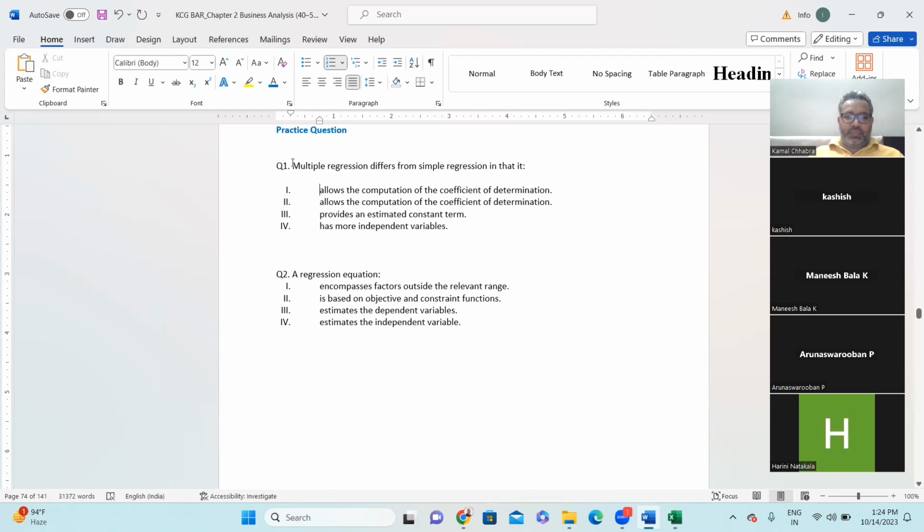What is the difference? How does multiple regression differ from simple regression? What is the key difference?